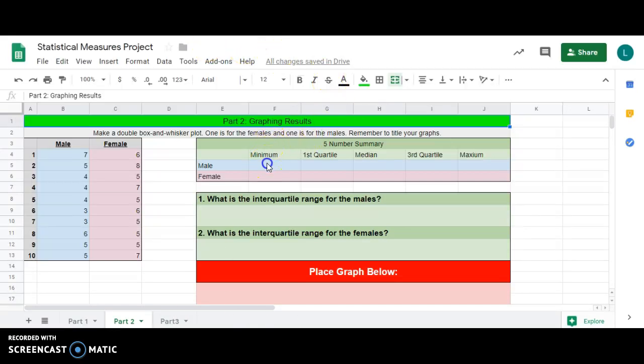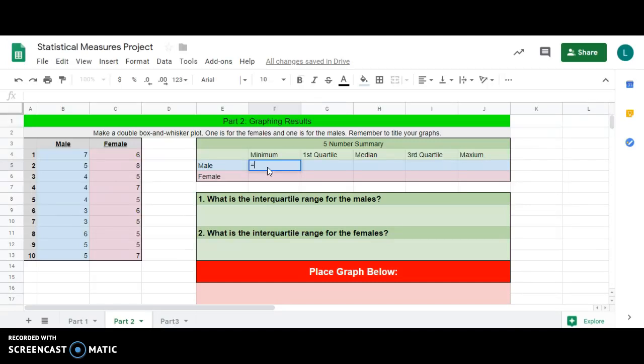So to find the minimum, without having to actually look and determine it ourselves, we're going to find a formula to use instead. Formulas will make it a lot quicker and a lot easier when you have bigger data sets.